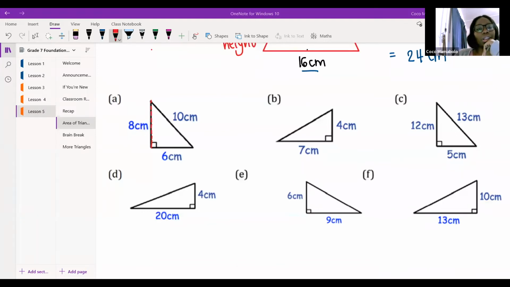Yes, Bogang, you're allowed to use a calculator to calculate area. I would prefer you didn't, but if you feel like you absolutely have to.